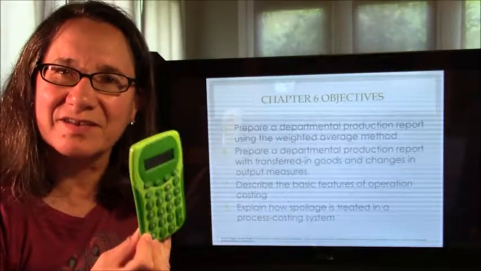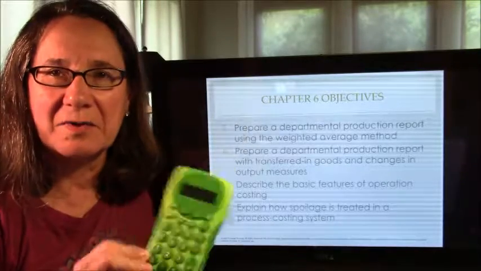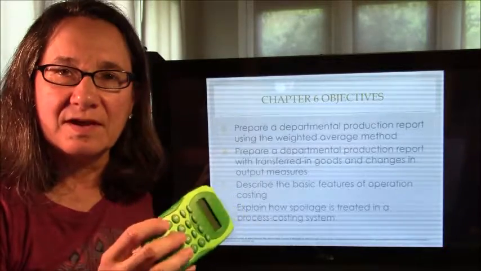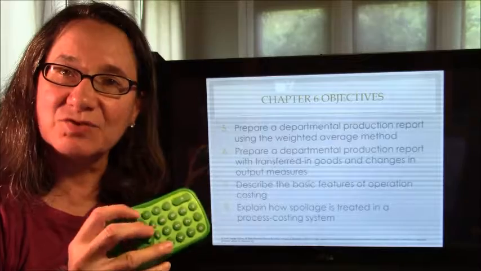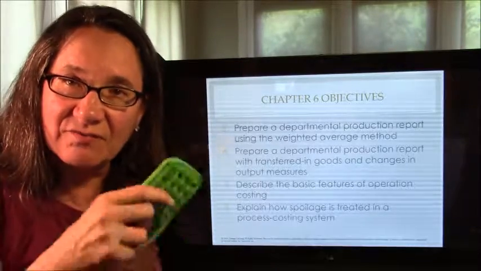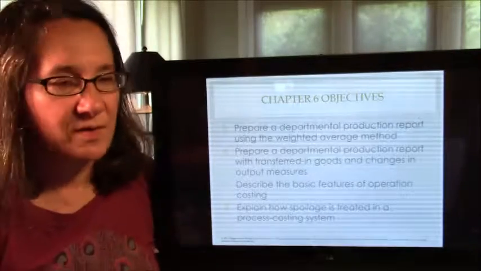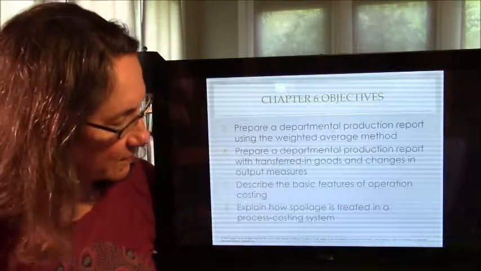Because it's not until the end of the process that it's actually a unit that you could send anywhere. So you can't have LIFO in process costing. You can only have that in finished goods inventory costing to calculate cost of goods sold, because you actually have full complete units. So don't even worry about that. We just have weighted average and FIFO.